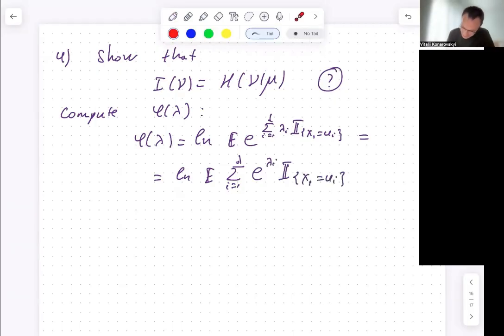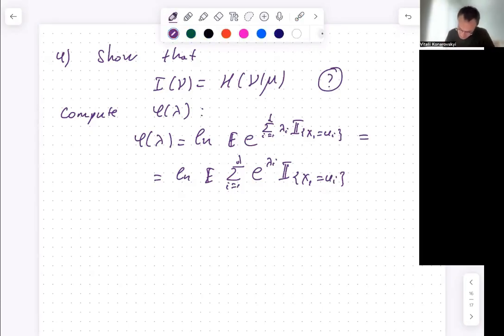This is a very convenient trick that follows from the fact that in this sum only one term is not zero. Therefore, it is the same whether you have the summation inside or outside the exponent, because in both cases you have only one term which is not zero.